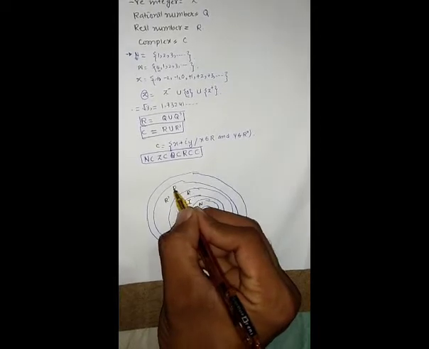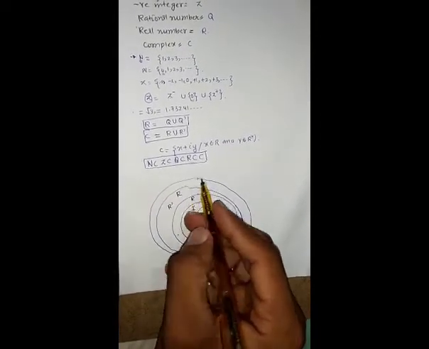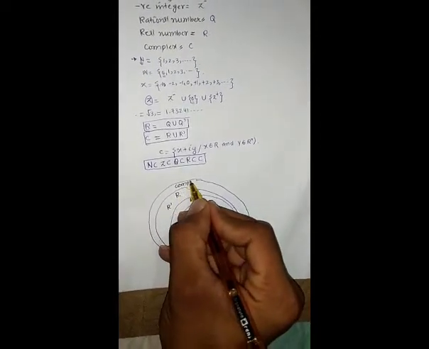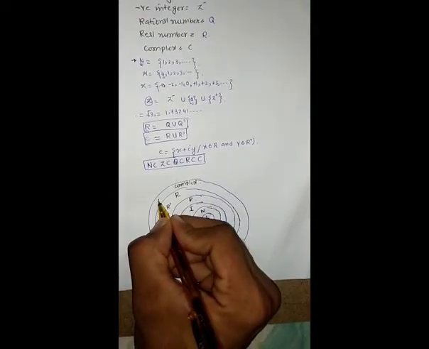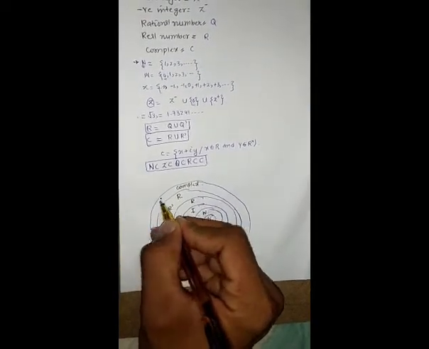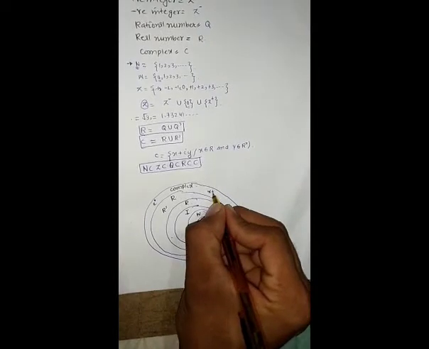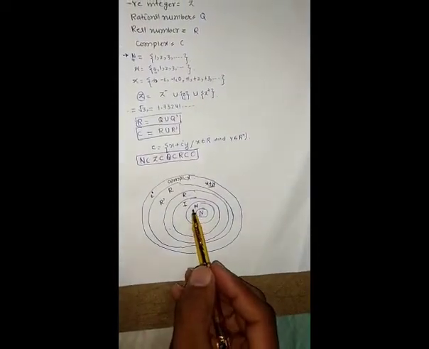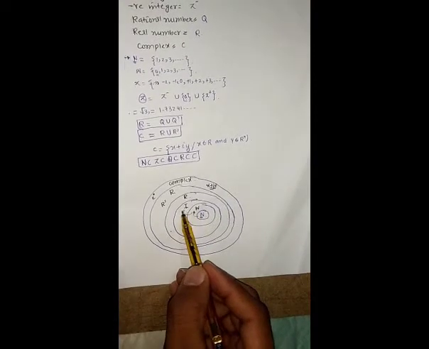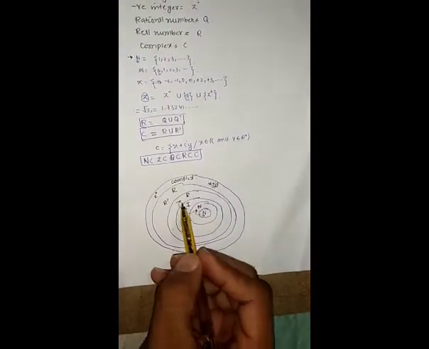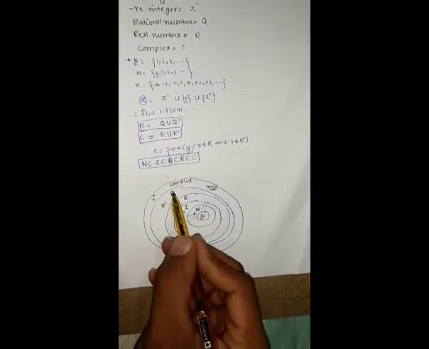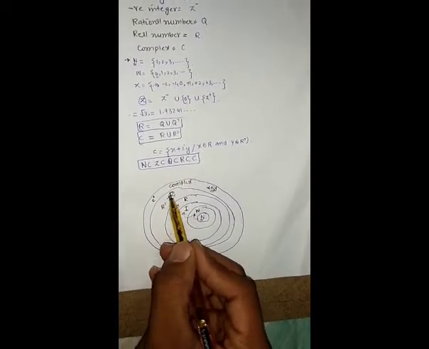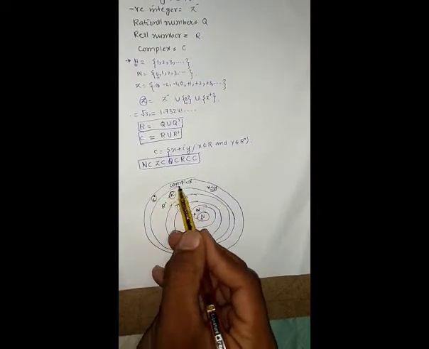They are combined to form real numbers, and real numbers are also a subset of complex numbers. It means that in complex numbers there is also the symbol iota, imaginary number, x plus iota y. So natural numbers are a subset of whole numbers, which are a subset of integers, which are a subset of rational numbers, and when rational and irrational are combined, they form real numbers. When real and imaginary numbers are combined, they form complex numbers.